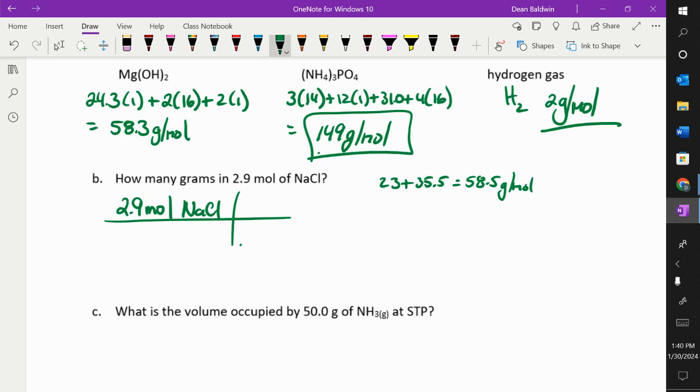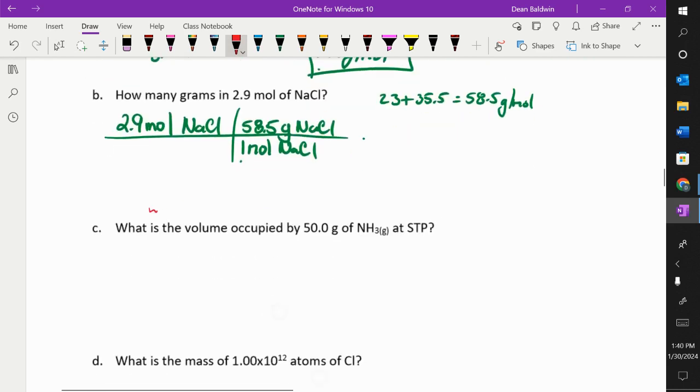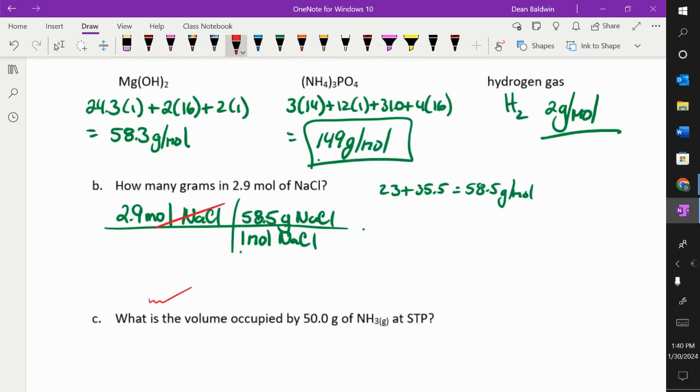I need moles of sodium chloride to cancel out. So do I want moles in the numerator or the denominator here? The denominator. So we write 1 mole of NaCl is 58.5 grams of NaCl. And then what cancels? The moles of NaCl cancel.